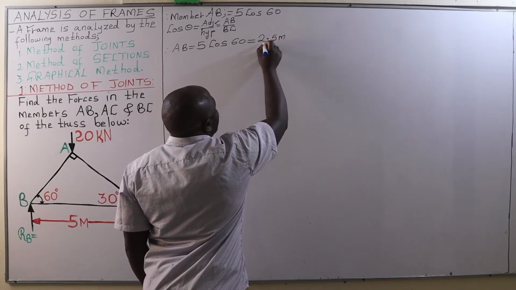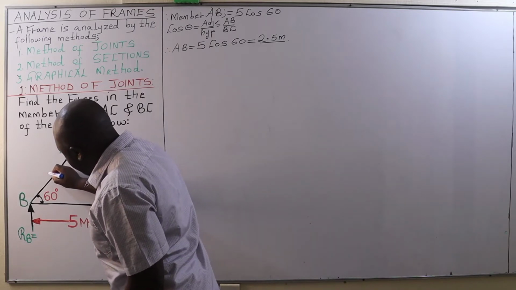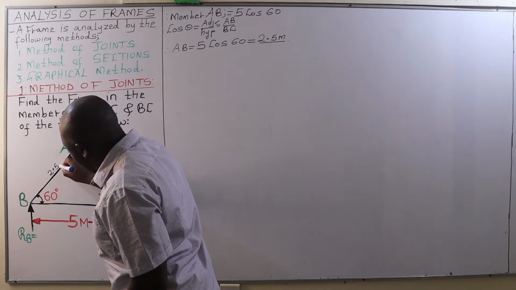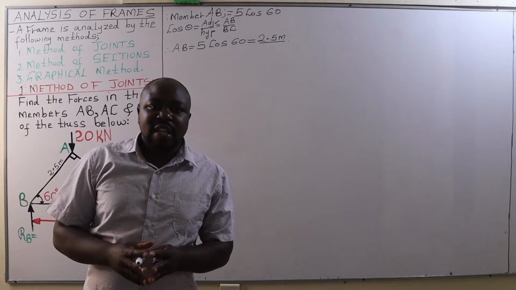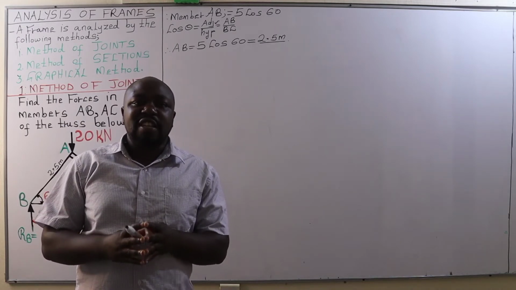Therefore that is the length AB, 2.5 meters.